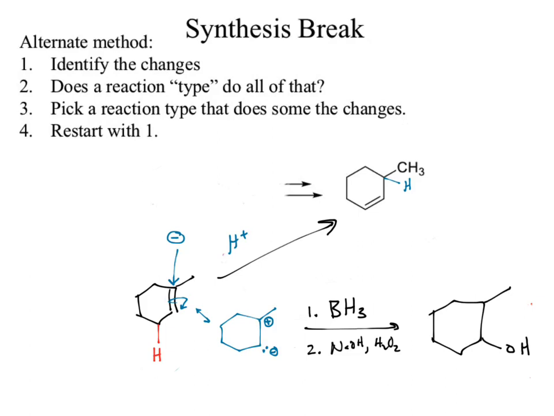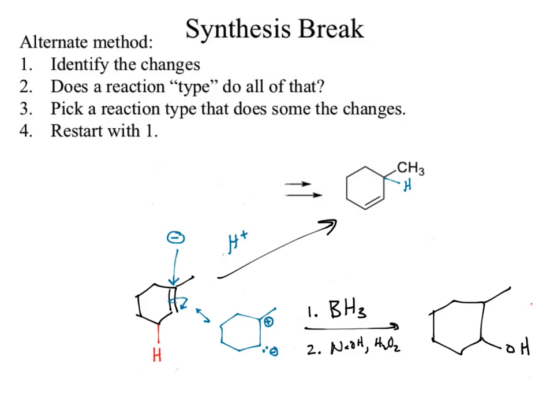And it's named not for the reagent, but the type of reaction. That's not someone's name. Oh, anti-Markovnikov. It's anti-Markovnikov. Are there other anti-Markovnikov reagents? Yes.